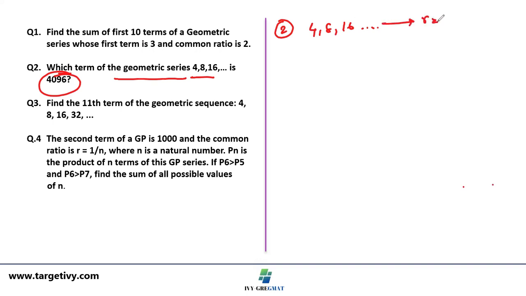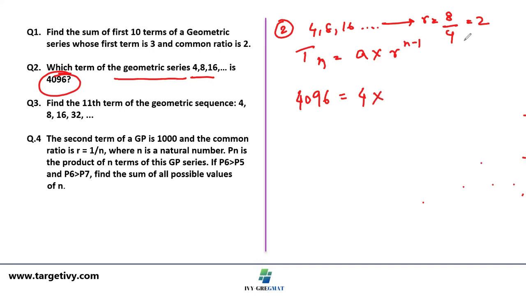R is equal to 8 by 4, which is equal to 2. Tn, the formula is a into r to the power n minus 1. Here Tn is given 4096. A is 4, we know the first term is 4, multiplied by r is 2, 2 to the power n minus 1.